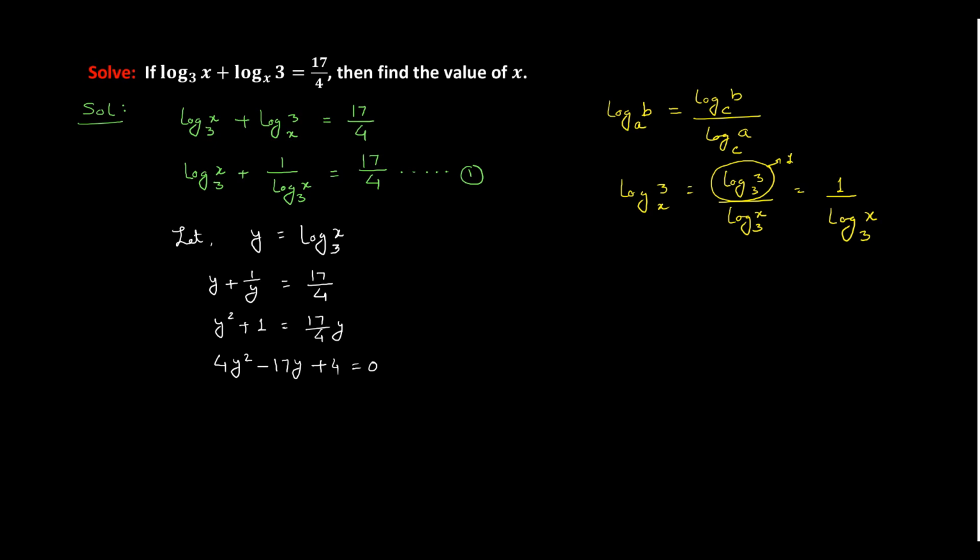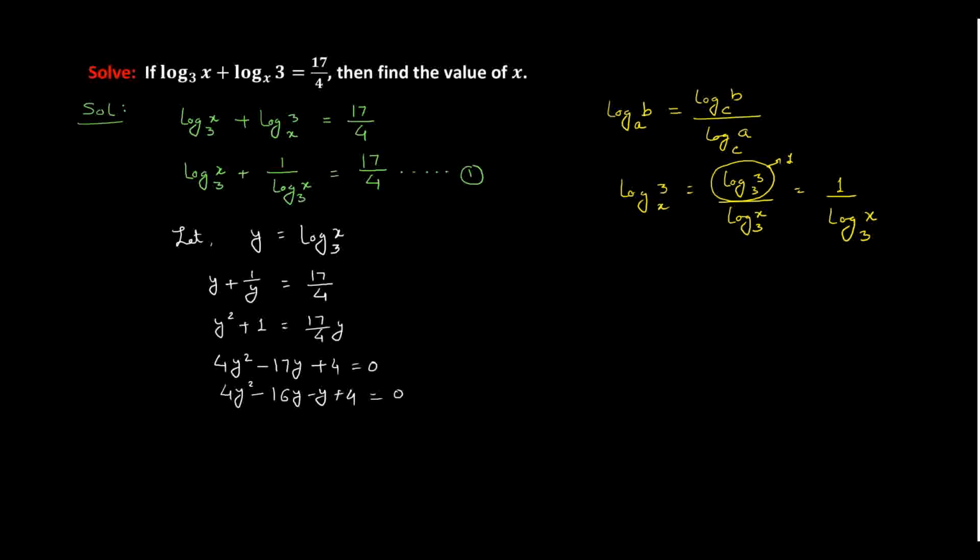Now we can solve this equation by splitting the middle term. Here we get the constant as 4 into 4, 4 times 4 is equal to 16. So we need to factorize 16 so that their summation will be 17. So we can write it as 4y square minus 16y minus y plus 4 is equal to 0.